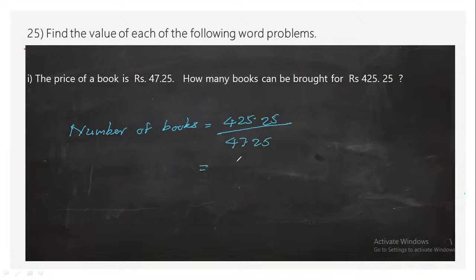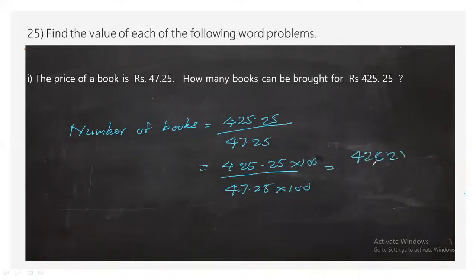You can follow the same 2 methods. Multiply both by 100, then 42,525 divided by 4,725.